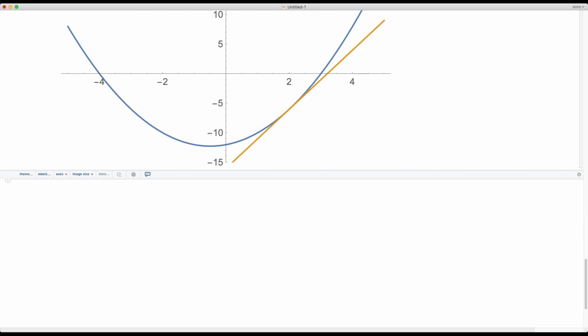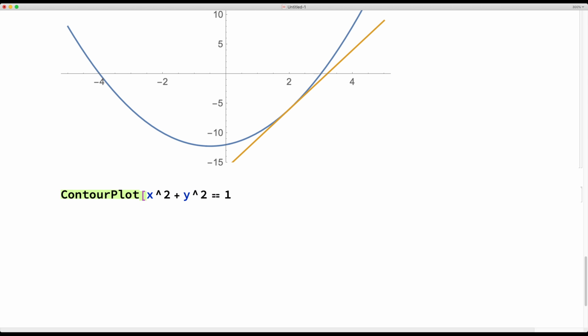If you want to plot an equation, you don't use Plot, you use ContourPlot. What's my equation? x squared plus y squared double equals 1. And then what range of x and y do I want to plot over? Well, what's the radius of that circle for my equation? 1. And where's it centered?